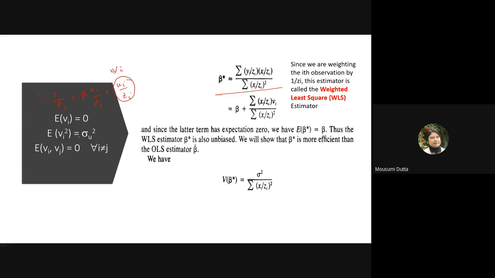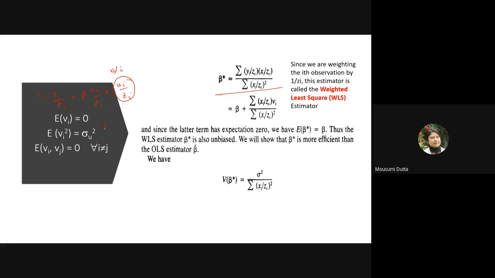Now what about expectation of vi square? Can we write this as sigma u square? Anyone? Vi is ui by zi. So when I am considering variance of vi, that will be variance of ui divided by zi square, because for variance you will have square of this thing.